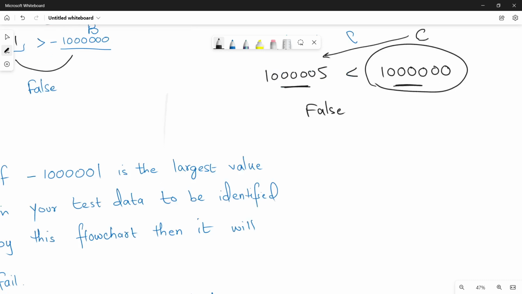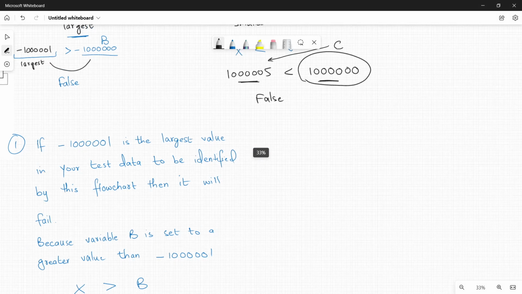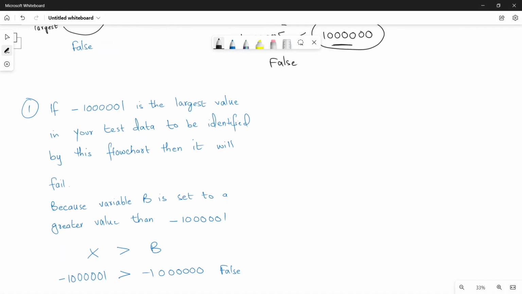Let me just write it down in words over here. Number 2. This is basically the solution of your activity 7.16.